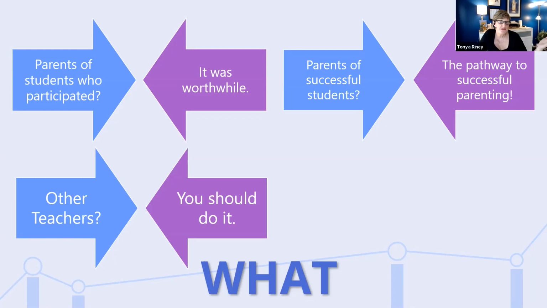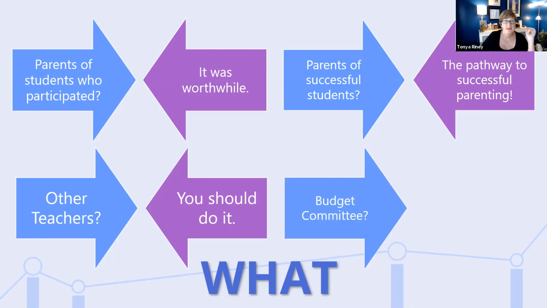What about the budget committee? Give me more money, right? These are very, very different messages, and we want to make sure that our presentation is geared to whichever audience that actually might be. Simply choosing to inform them of anything about your program is not the right angle, and it's not going to be effective. It's not going to get you where you want to go.